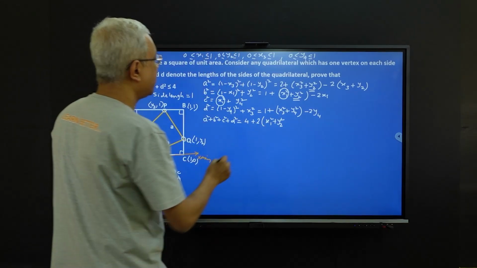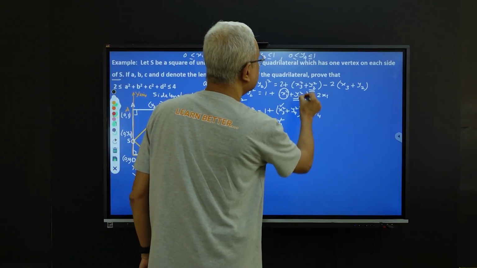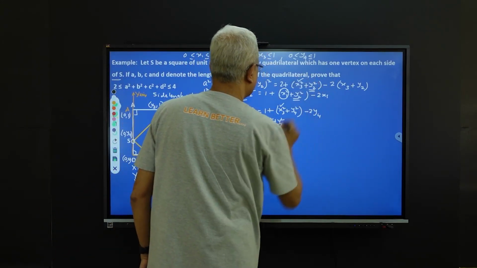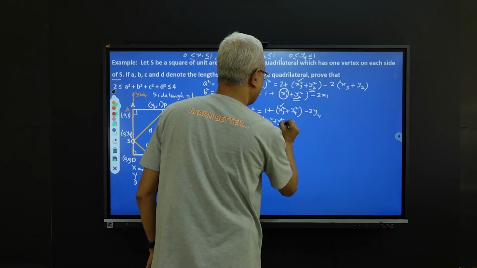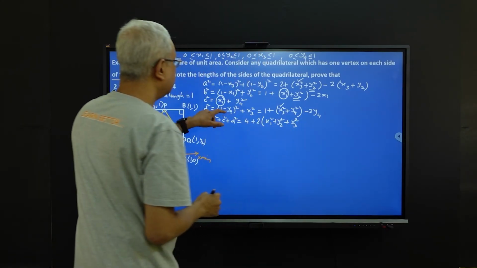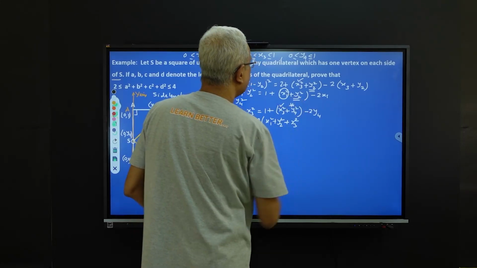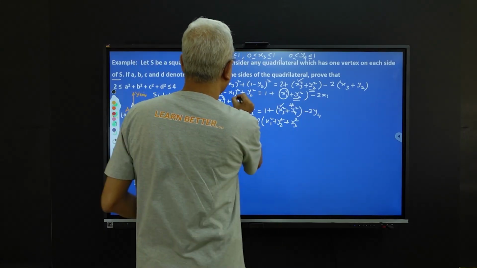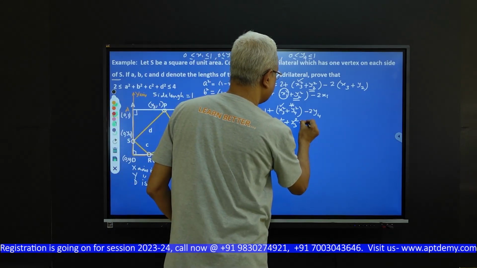Then x3 square, there is one x3 square and another x3 square, so plus 2x3 square basically. Then y4 square, there is one y4 square and another y4 square, so plus 2y4 square.